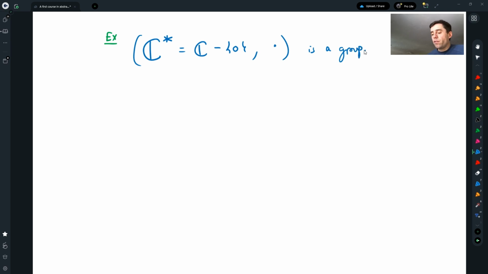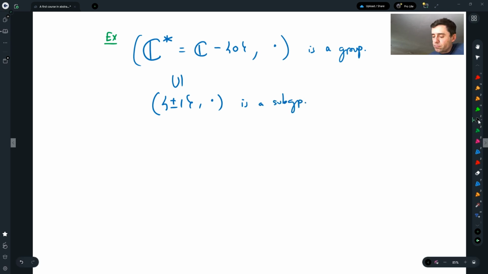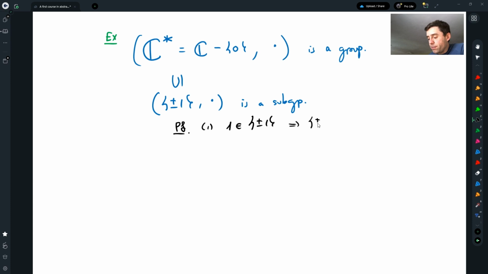And inside of it, I have just plus or minus 1 under multiplication. This is a subgroup. How do we prove that? One, the identity is in plus minus 1. So plus minus 1 is non-empty because in particular we do have the identity in there.